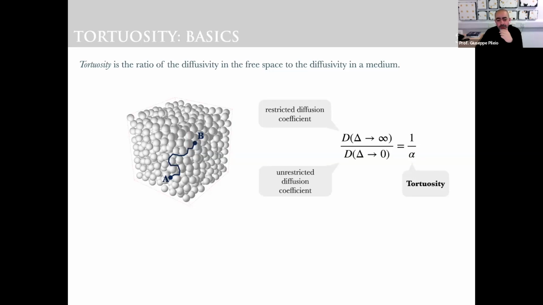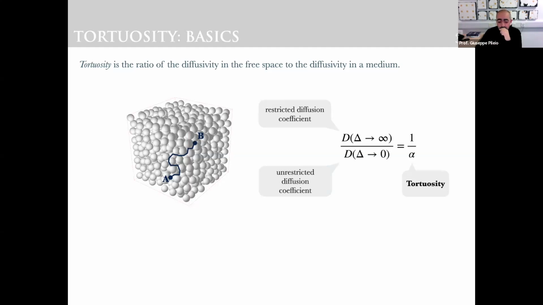And obviously, if you take 2 points, 2 cavities, A and B, the tortuosity is how difficult it is to go from A to B, since you can't go in a straight line, and the molecule has to go through whatever is the interconnection of the pores within that structure, which is something natural.